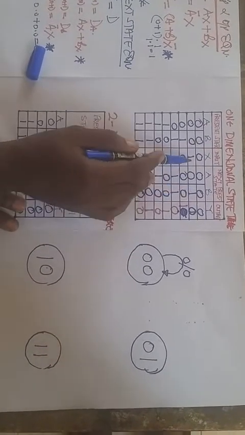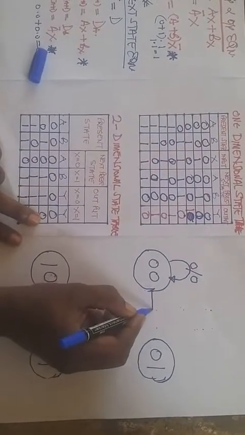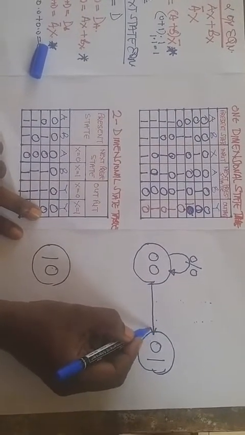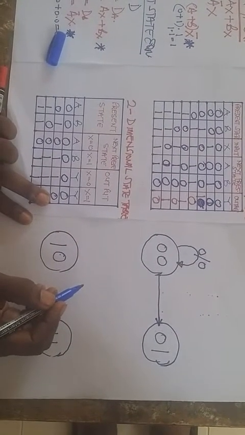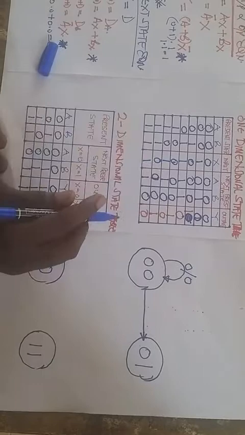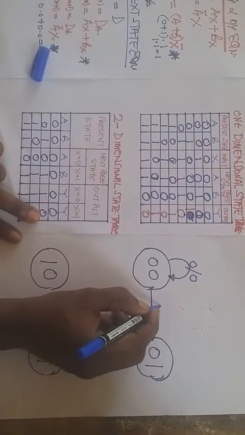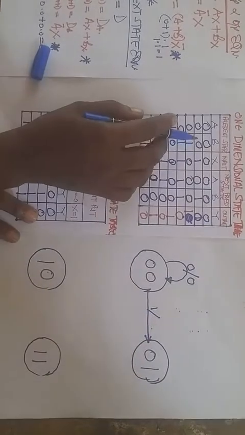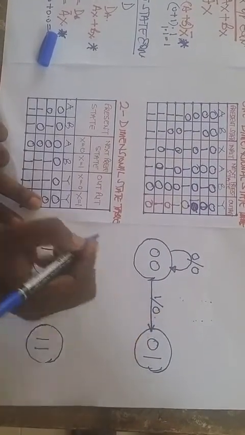There is a transition when the input is 1. So 00 goes to 01, and the input that causes the transition is 1. So we have 1 slash, and the output is 0.